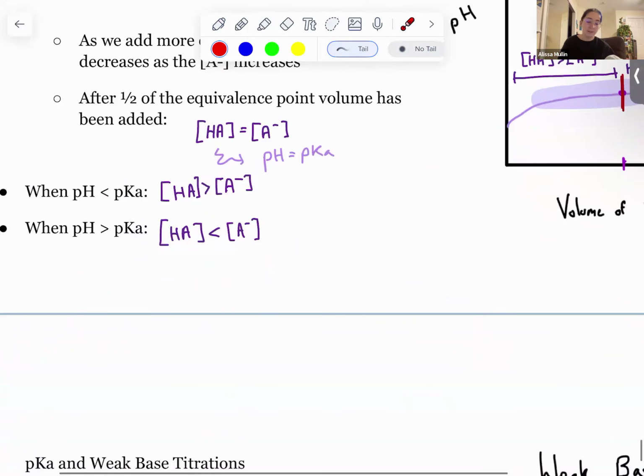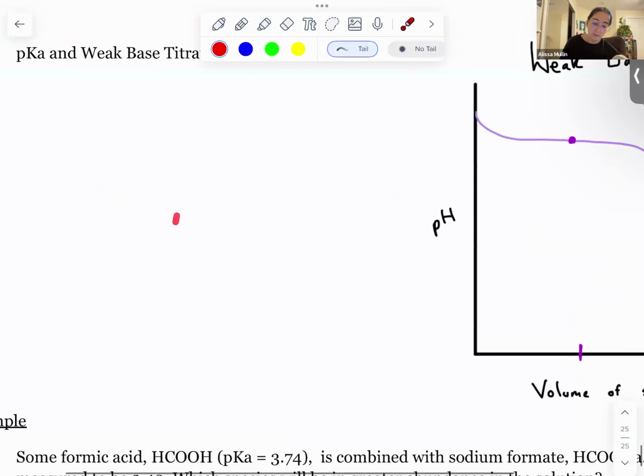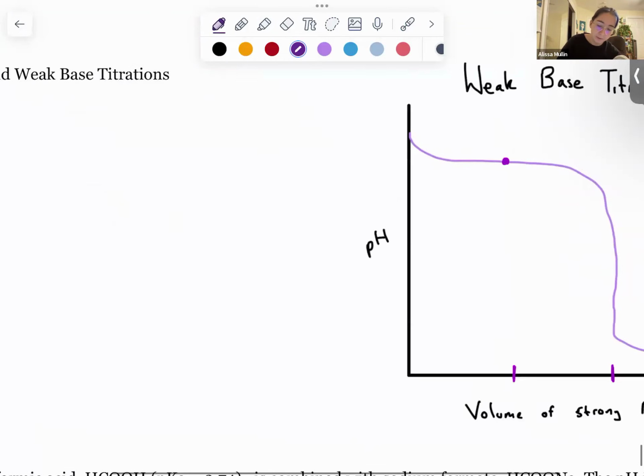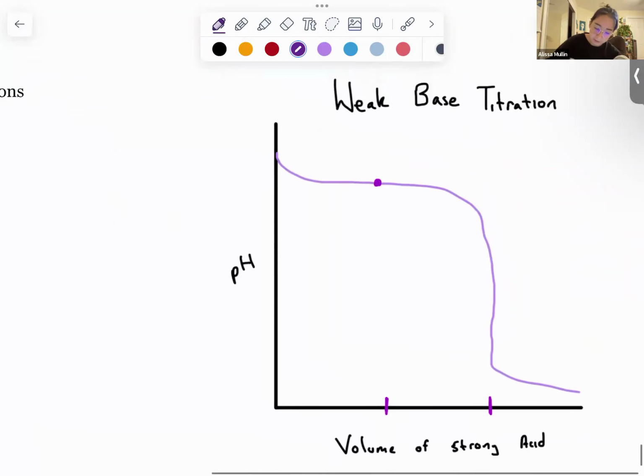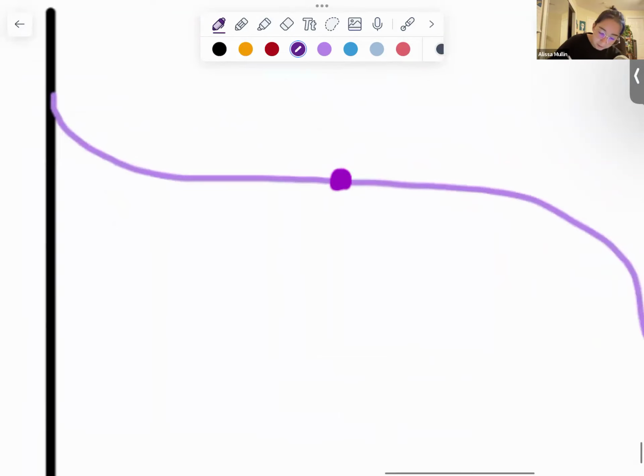Okay. I did want to clarify, what does this look like for bases? I misspoke in class, so I just wanted to clarify. This point in the reaction for bases is still pKa.